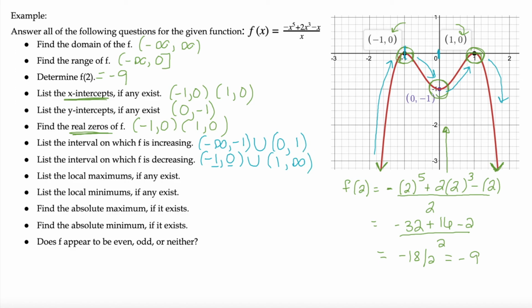So again, when I'm looking for intervals of increasing or decreasing, I'm looking at the x-axis. I'm using the x values to determine where I'm increasing and how to label for the decreasing. What are the local maximums? Well, we've got two local maximums that also happen to be the x-intercepts.